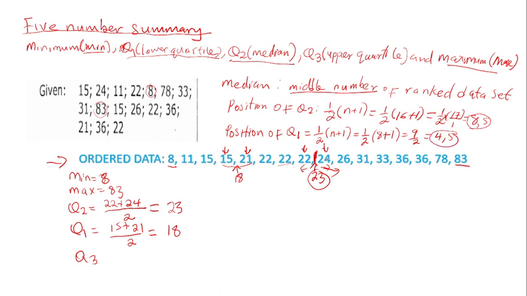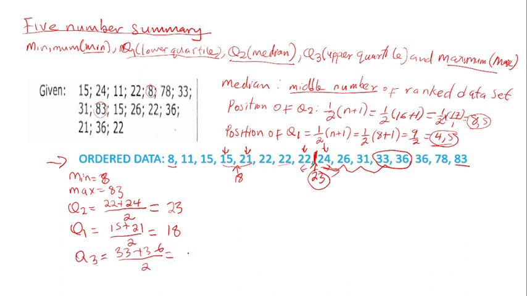So our first number will be here, 24: 1, 2, 3, 4. Then we're going to take this 33 and 36 and add them and divide by 2, because that will give us the position. Now we have Q3 as 33 plus 36 divided by 2.